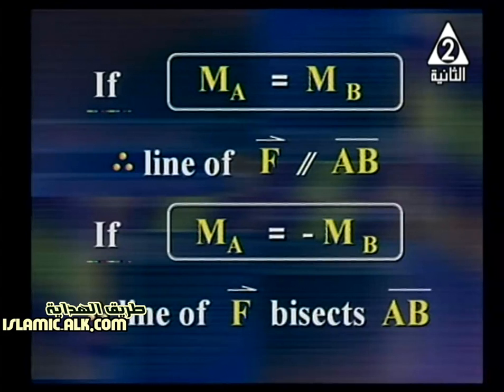To prove that the line of the force is parallel to AB, we must prove M_A equals M_B. When required to prove that the line of the force bisects AB, we find the moment about point A and the moment about point B, and we deduce that the moment about A equals the additive inverse of, what? Yes, the negative moment about point B.